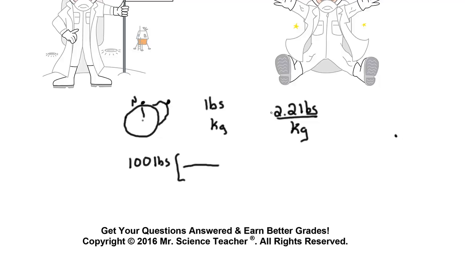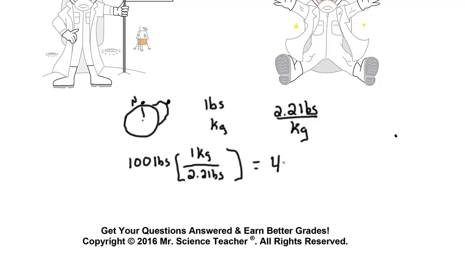and I want to know how many kilograms that is, this is my conversion factor. Notice that pounds has to be placed in the denominator, 2.2 pounds has to be down here, and 1 kilogram has to be up here. Okay? Now, I can't do that in my head. 100 divided by 2.2, so I pull out my calculator. 100 divided by 2.2, and I get 45.45.